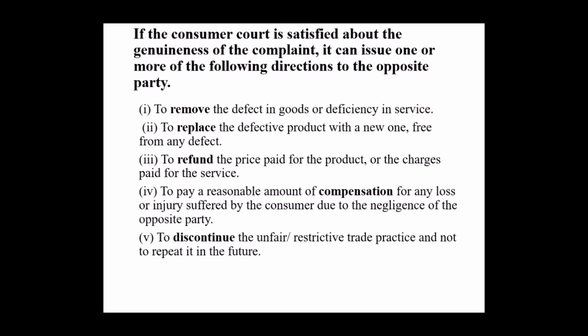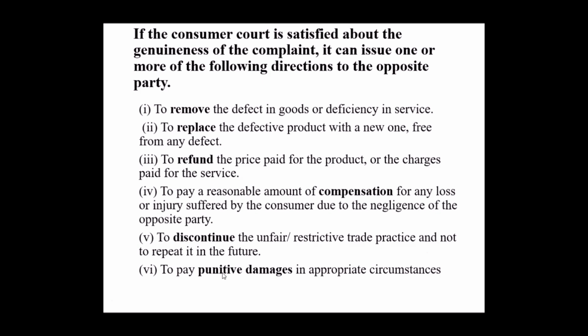Then there may be false advertising, where you are claiming that your product has certain features or qualities which are actually not there. If a case is filed for such unfair practices, the court may order the company to discontinue those unfair or restrictive trade practices. Next is to pay the punitive damages in appropriate circumstances.